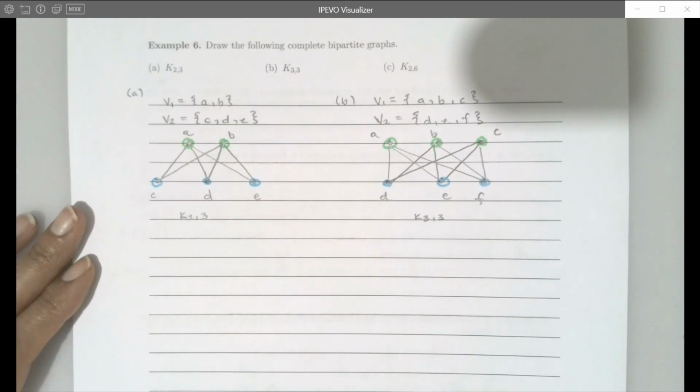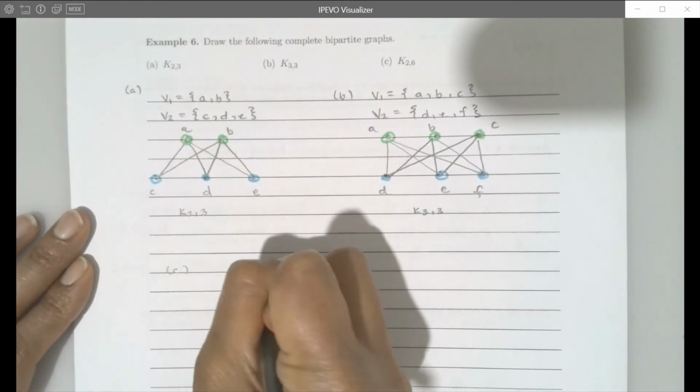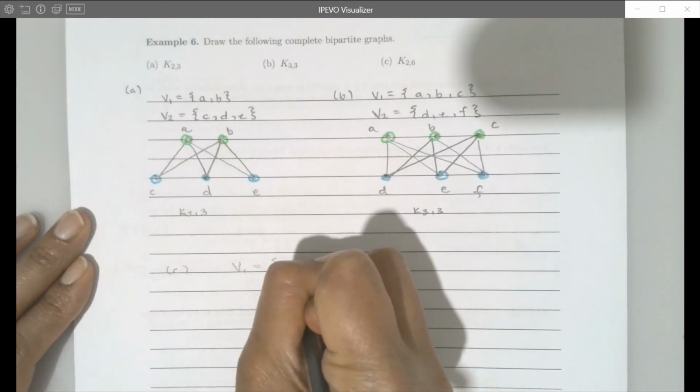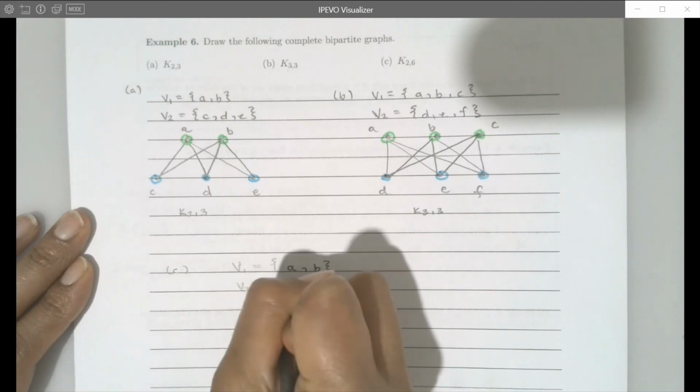And we have one more, K2,6. So that means first set contains 2 vertices. We'll call them A and B. Second set contains 6.